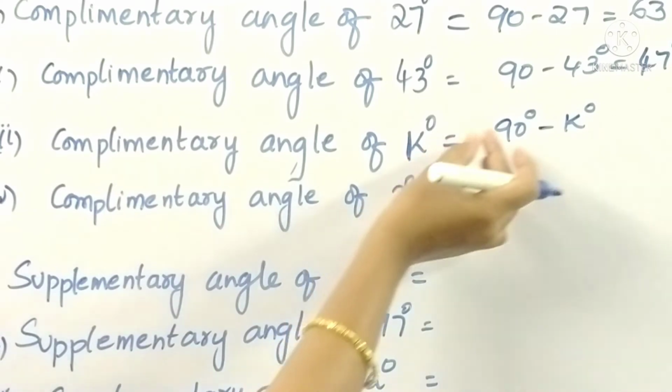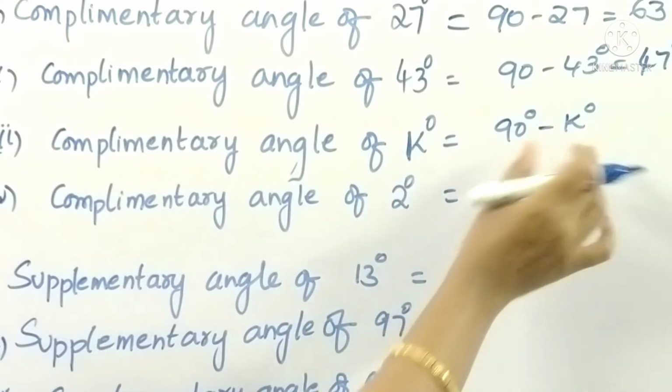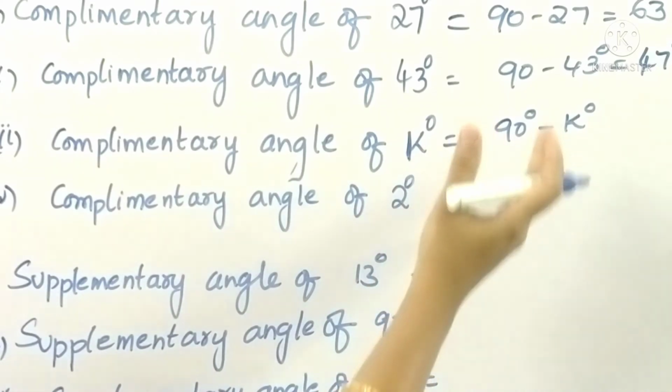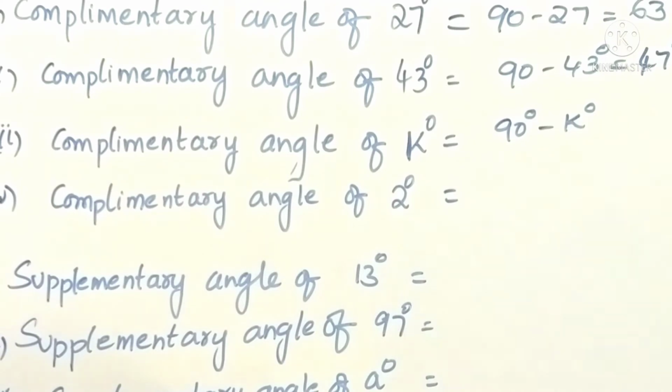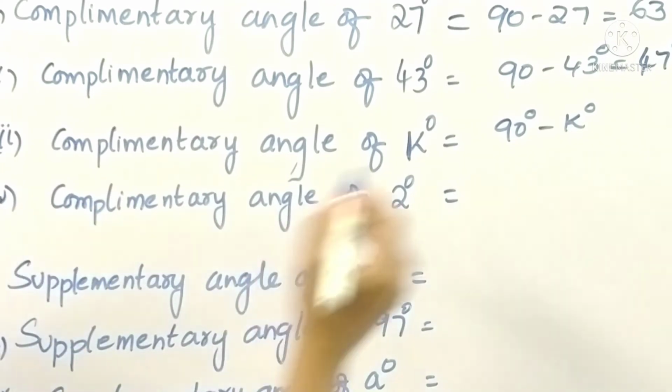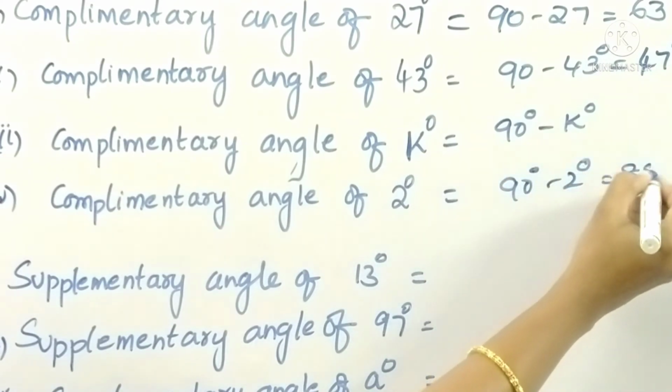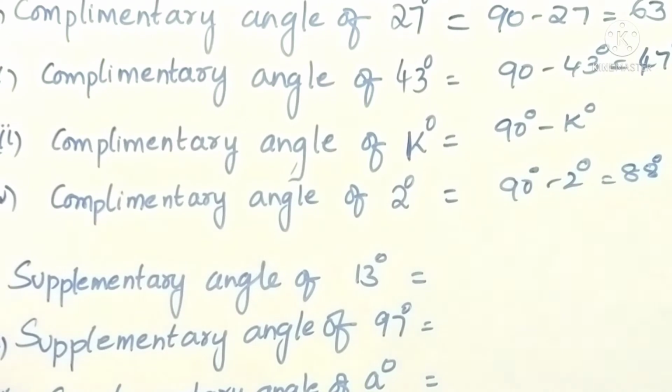This is a constant and this is a variable, so we cannot subtract K from 90 unless we know the value of K. We don't know the value of K, so we cannot subtract. And the complementary angle of 2 degrees is 90 minus 2, that is 88 degrees.